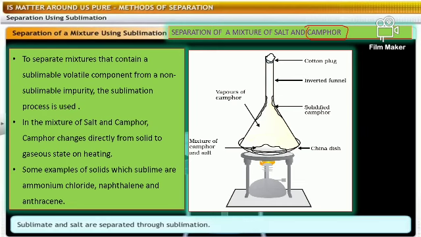So we are mixing salt with camphor in place of ammonium chloride. If you wish, you can take ammonium chloride also. So what we have to do? To separate the mixture that contains sublimable volatile component from a non-sublimable impurity. So the basic principle is what? At least one of the components of the mixture should be sublimable.